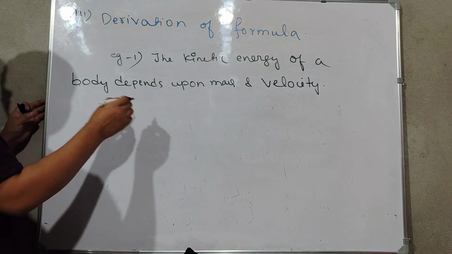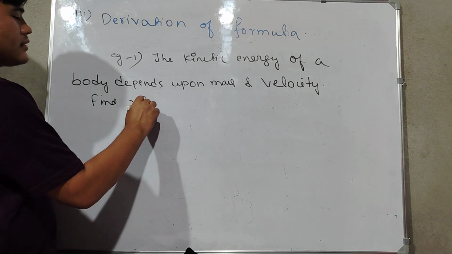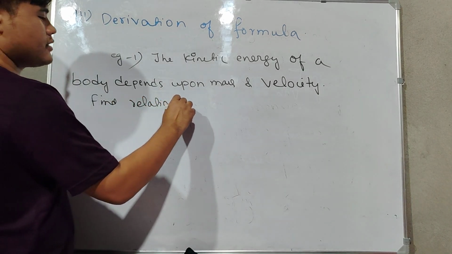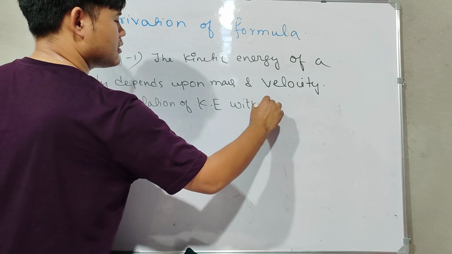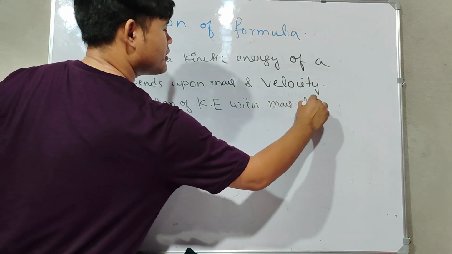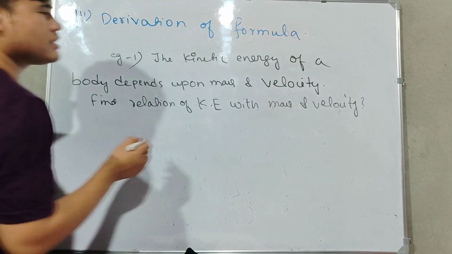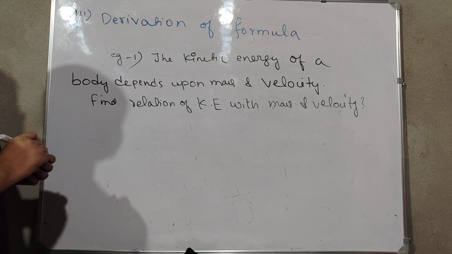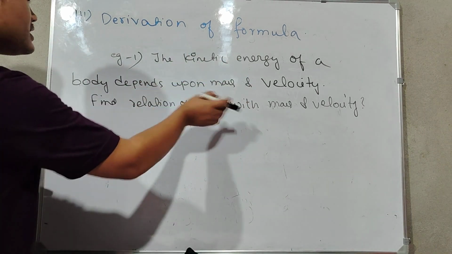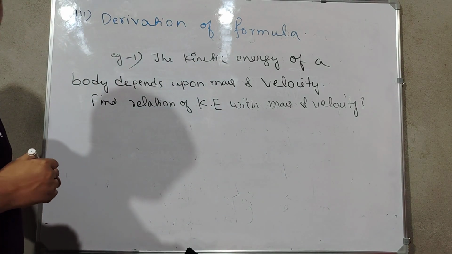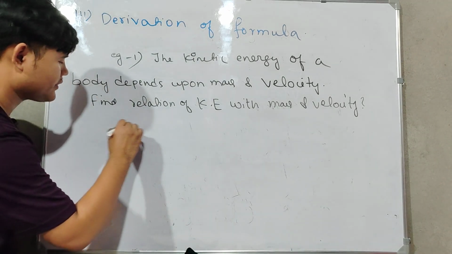So find the relations of kinetic energy with mass and velocity. So we have to find the relations between the kinetic energy and the mass and velocity. Now kinetic energy depends upon the mass and velocity, and we do not know anything else. Okay, just write the solution.